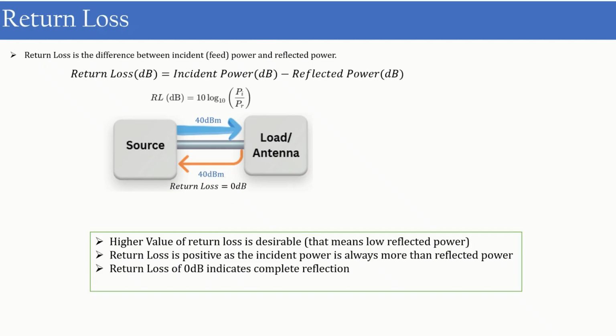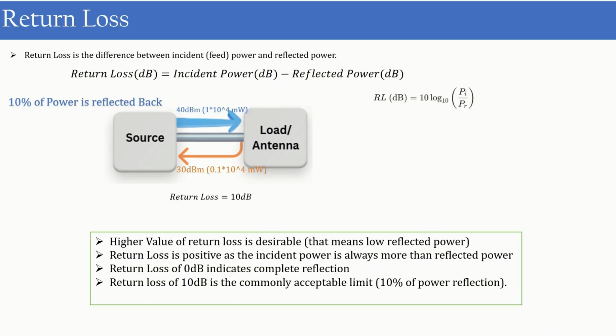So if the return loss is 0 dB, it means complete reflection. So now let's see what are the acceptable limits for return loss. We know that about 10% of power reflected back is the acceptable condition in most industries. So I'm going to consider the case where only 10% of the power is getting reflected back.